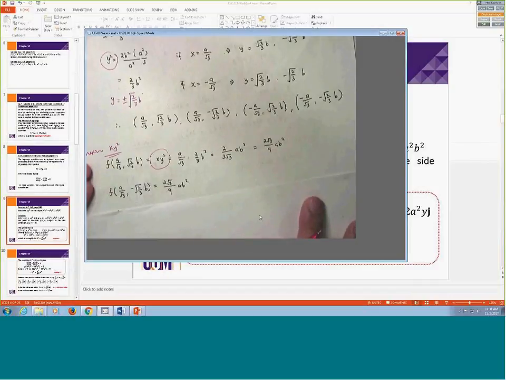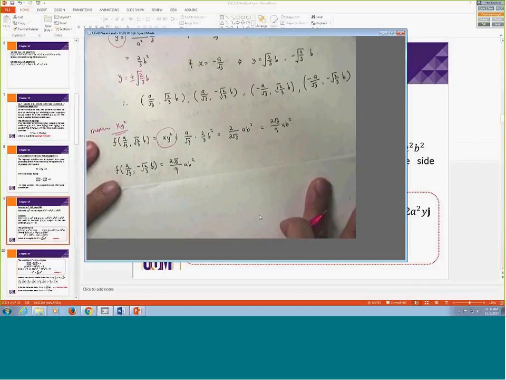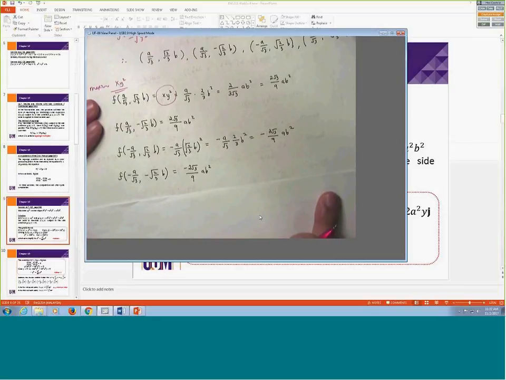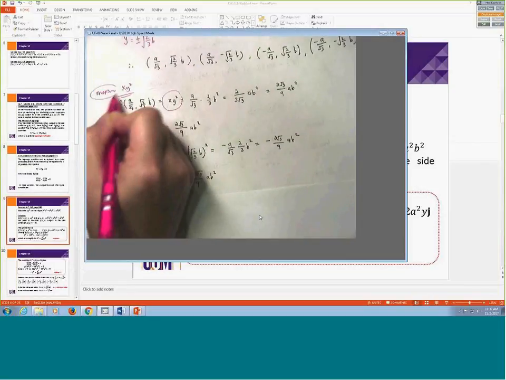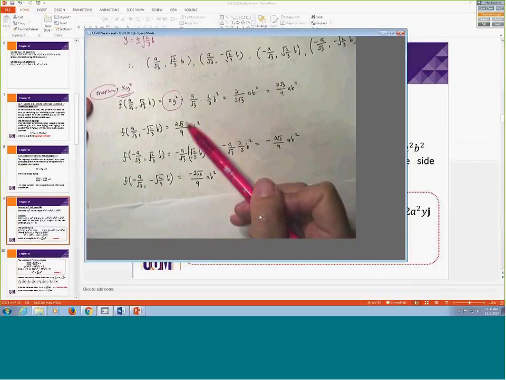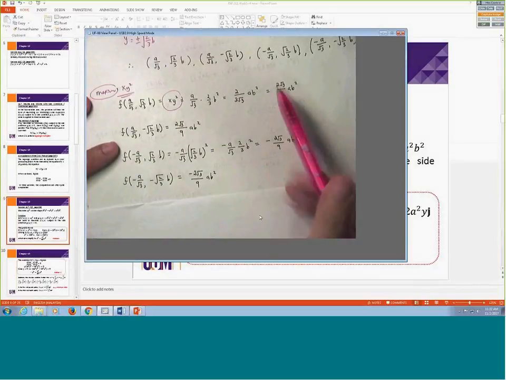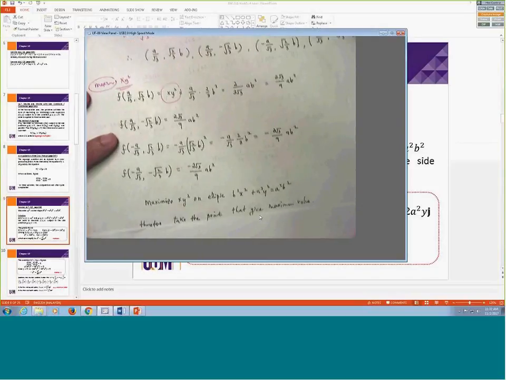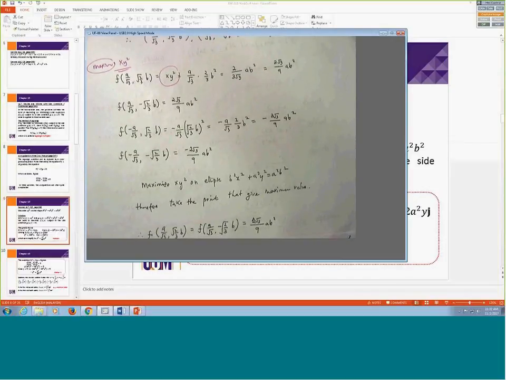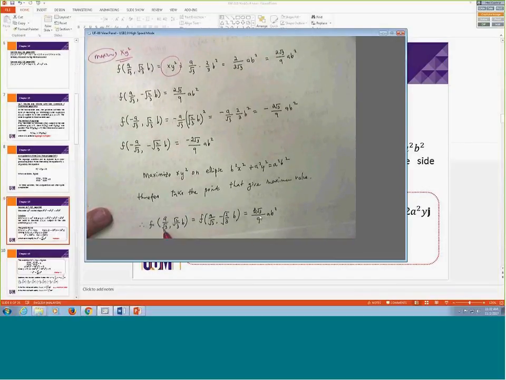This gives the same answer, but the other 2 points are negative. The question asks to maximize, so the answer will be this. The maximum value is 2√3 over 9 times a b squared. So the one that gives us the maximum is this.